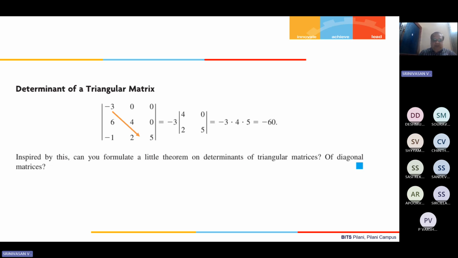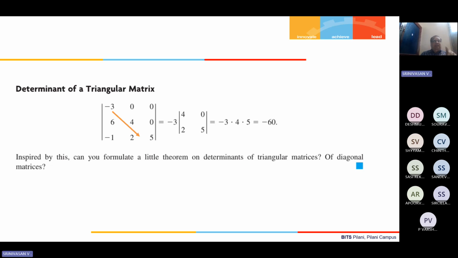If you know, you can say, otherwise at least as of now, can you formulate a little theorem on determinants of triangular matrices? That means the expansion of the determinant of a triangular matrix here definitely enables you to formulate a theorem or come to an understanding.